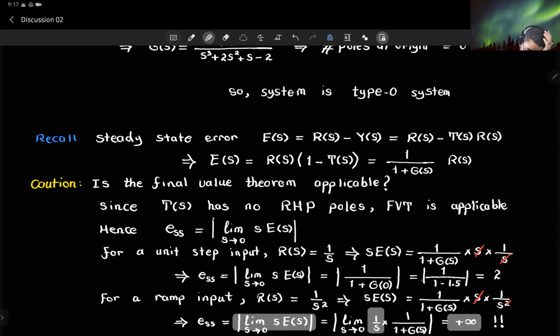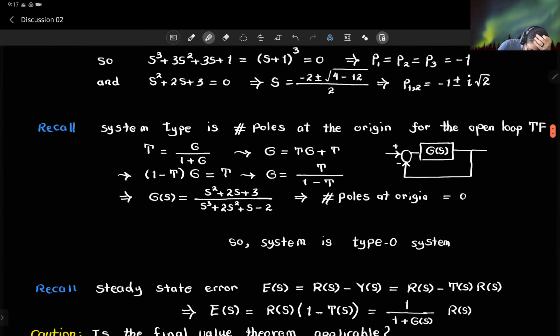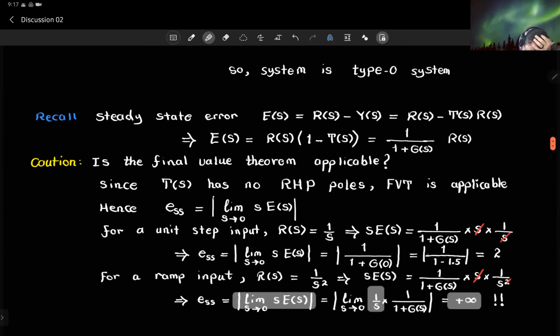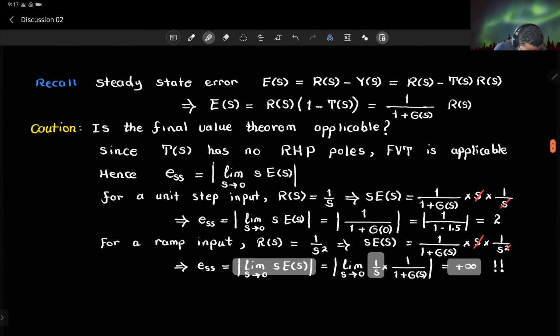At s equal to 0, if you go back here and put s equal to 0, we get that G of 0 is going to be equal to 3 divided by negative 2, which is negative 1.5. We substitute with that in here, so we get that E_ss is going to be equal to 2, right? So the steady state error for this transfer function due to a step input is 2, right?